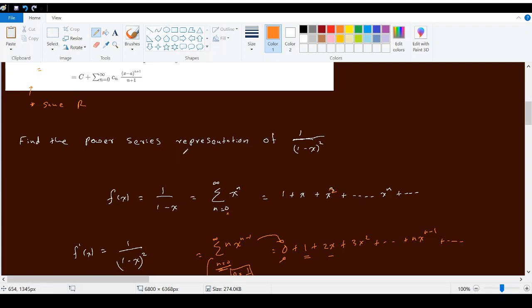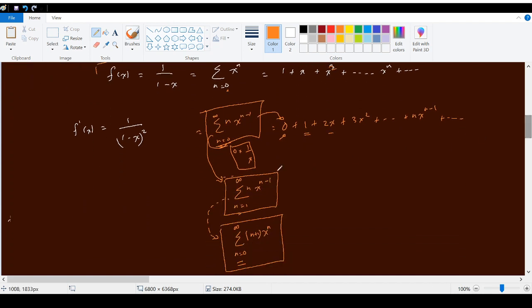So to obtain the power series representation of this function, we differentiated a known power series representation, because when you differentiate, you will get this one, and differentiating this one means differentiating the power series term by term. So you will end up with this one, and if you want to do some nice rearrangements, you can go up to this stage.